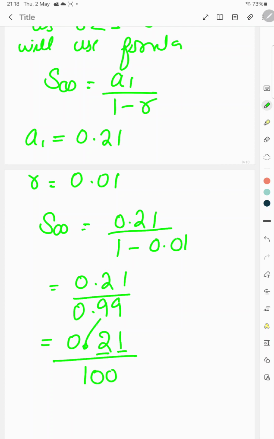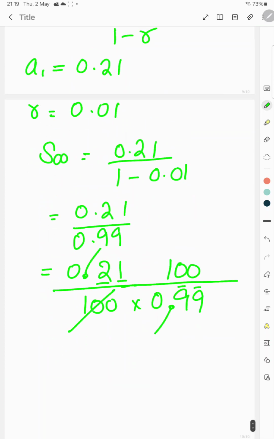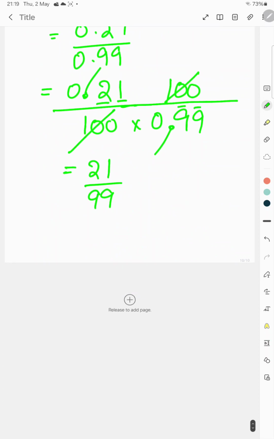Similarly, for the next one, 0.99, which is in the denominator, when I remove the decimal, 1 appears, and as there are two numbers after the decimal, 2 zeros will appear. As you can see here, 100 and 100 cancel out each other, and I get 21 by 99.